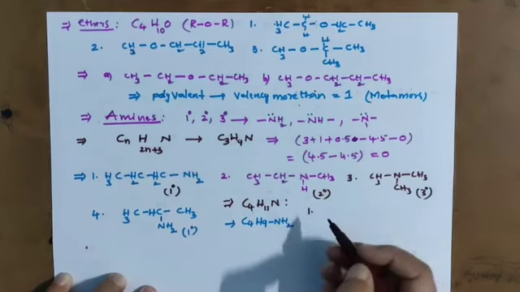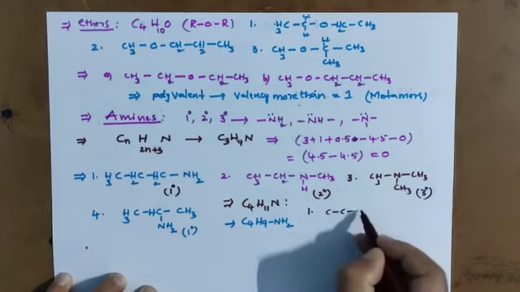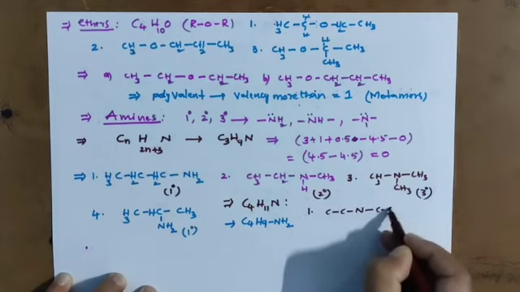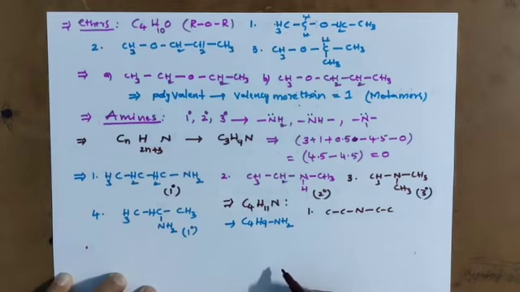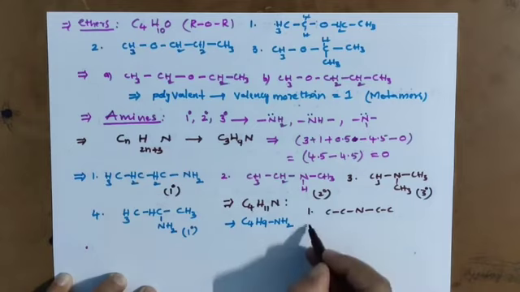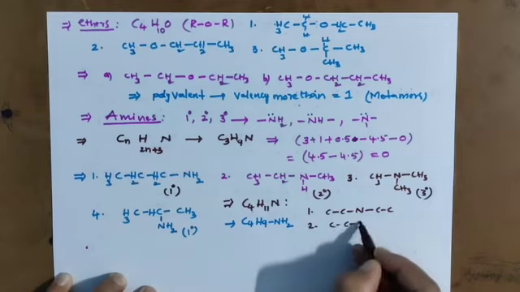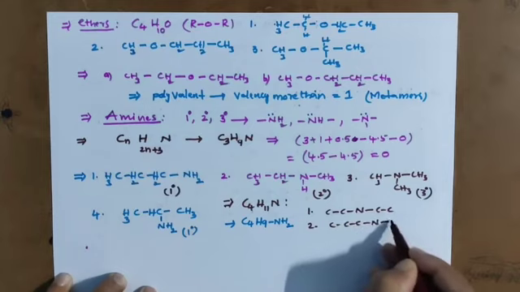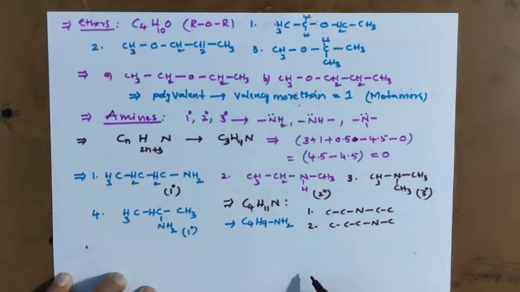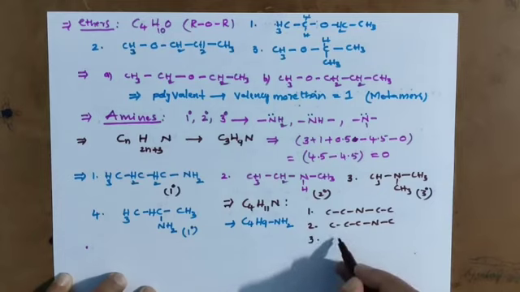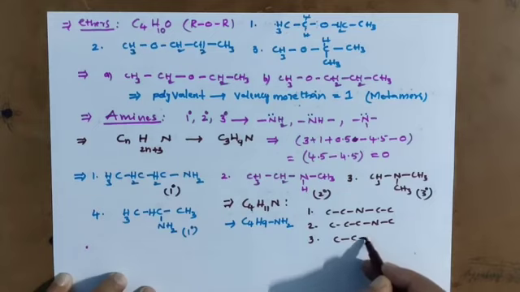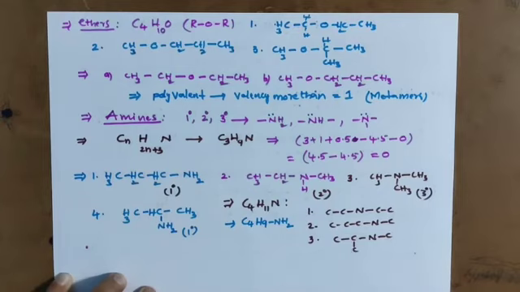First one, 2 carbons with 1 nitrogen both sides. This is one chain you are getting. And here 3 carbons, 1 nitrogen with 1 carbon, one I am getting. And another I am drawing here, carbon, carbon, nitrogen, carbon, and here I am taking one substituent.